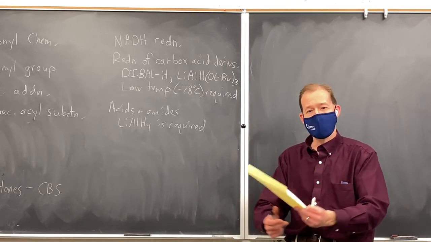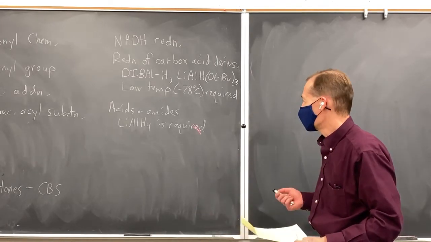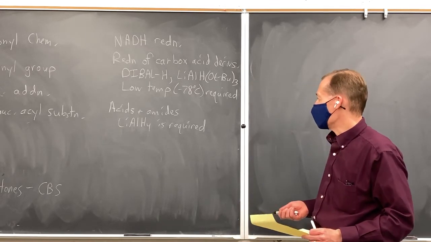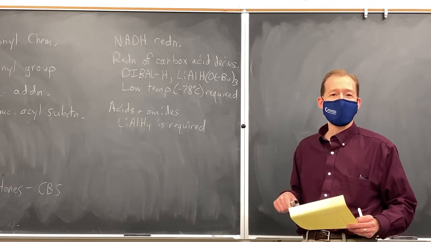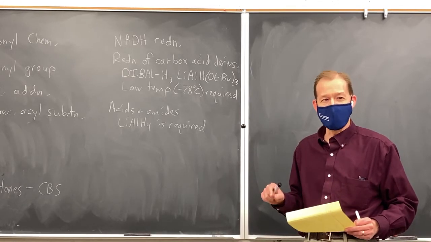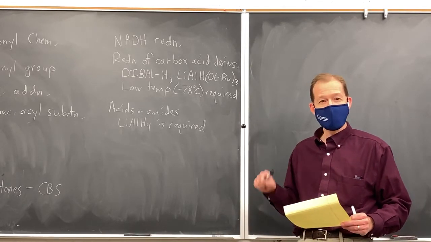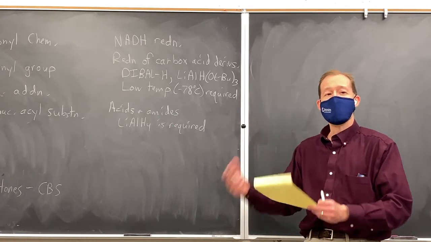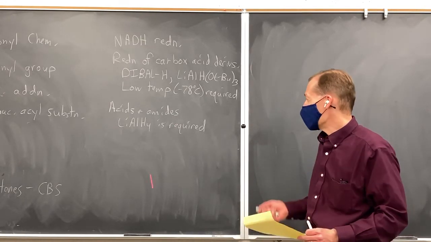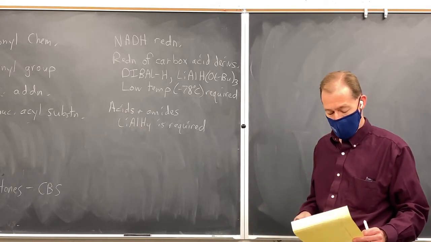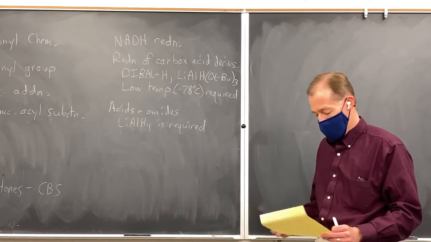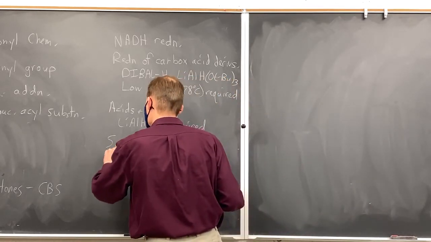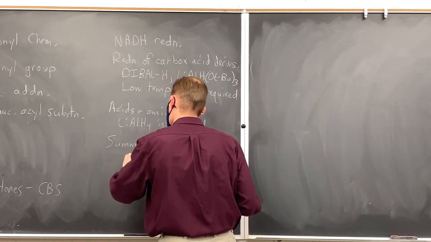But remember, the negative charge on the aluminum is spread out. Okay. And then the other thing to remember is that when we're reducing amides, the nitrogen doesn't leave. We retain the nitrogen in the product. So reducing an amide gives us an amine as the product, whereas reducing a carboxylic acid gives us a primary alcohol. So there's a summary table of these reductions.